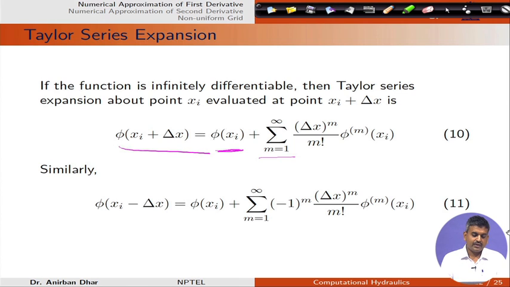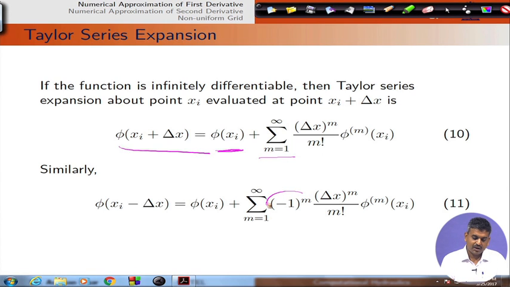Similarly, if we take xi minus delta x, again we can expand it using Taylor series, and the only difference is this minus 1 to the power m, that will determine the sign of the higher order terms.